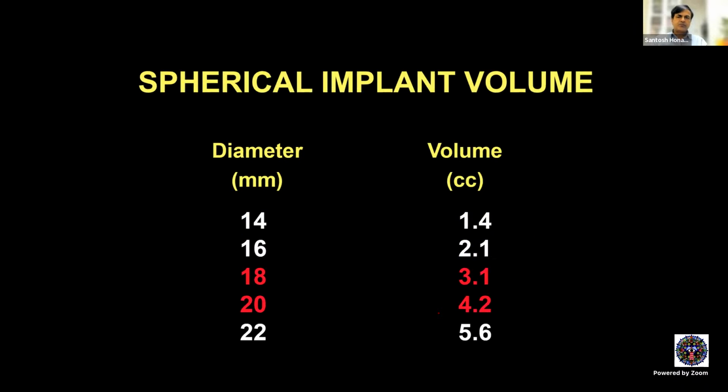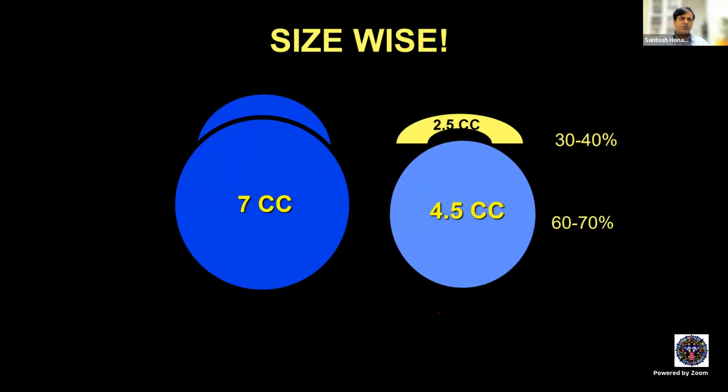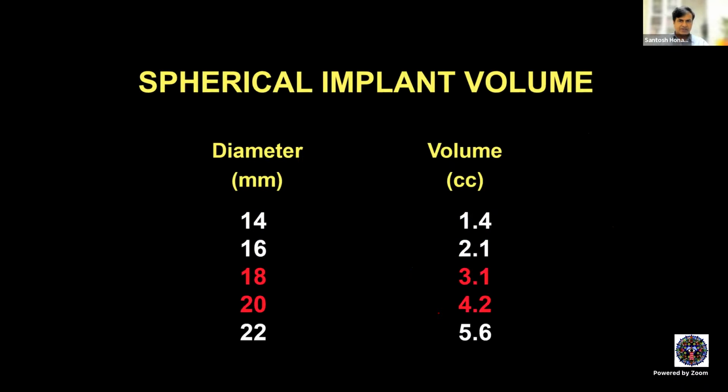Now you know the volume of a sphere, and if you use that, you can easily calculate it, right? So what is the ideal size of the implant? If you feel that 4.5 cc is the ideal volume that needs to be replaced, ideal sized implant is 20 millimeter. But you cannot always put a 20 millimeter implant because it moons out.